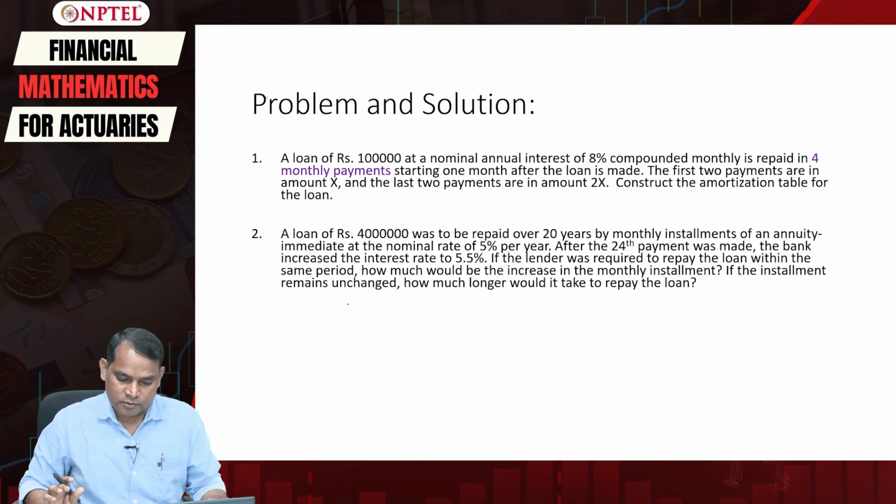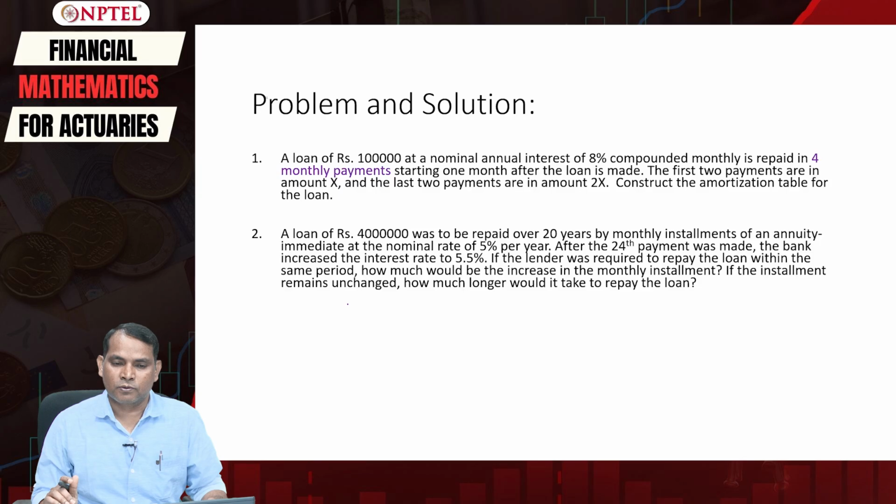After the 24th payment was made, the bank increased the interest rate to 5.5%. Now, if the lender was required to repay the loan within the same period, how much would be the increase in the monthly installment? That is the first question. And the second question is, if the installment remains unchanged, how much longer would it take to repay the loan?